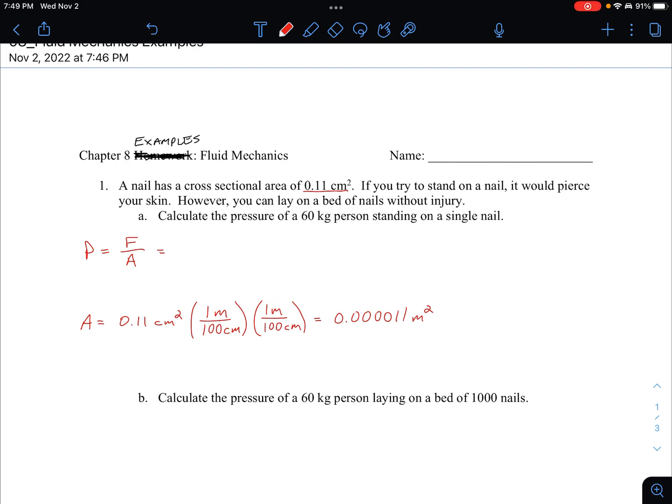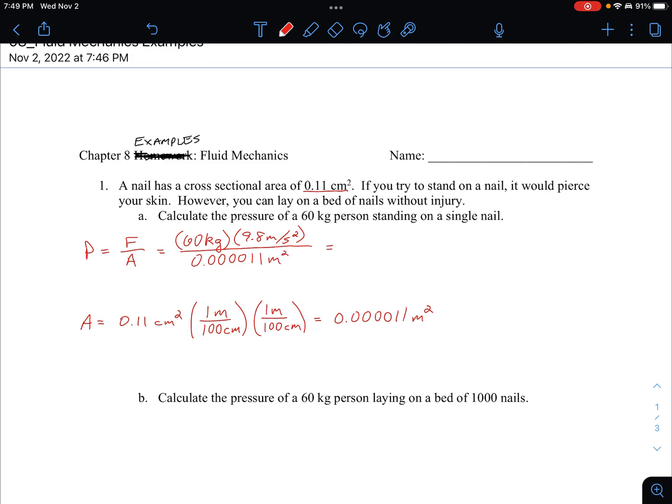All right, we know that the force is mass times gravity. So that's 60 kilograms. This is the person's mass. Gravity is 9.8 meters per second squared. And the area is what we just calculated, 0.000011 meters squared.